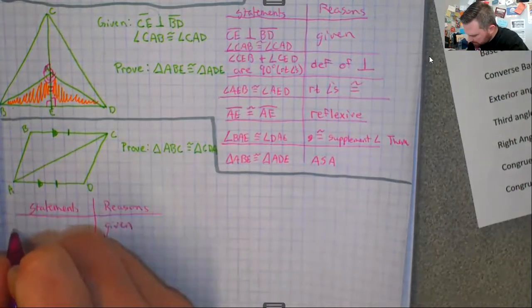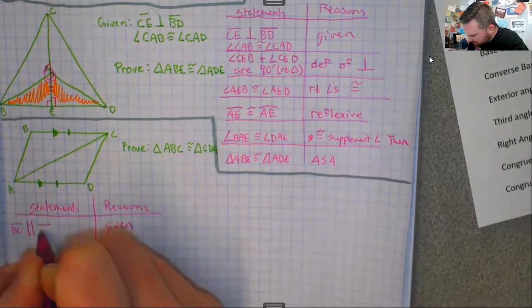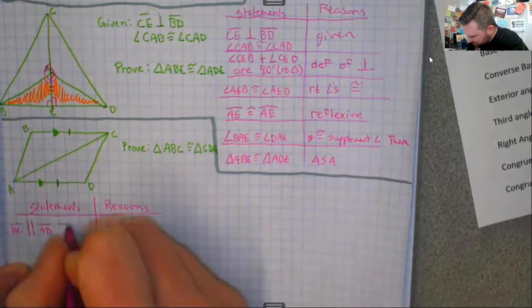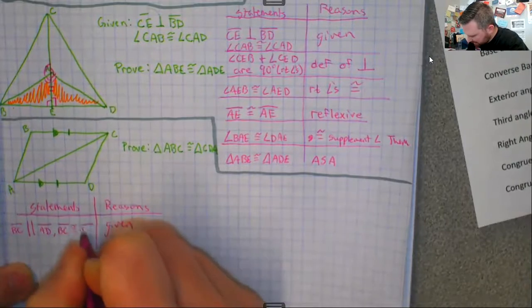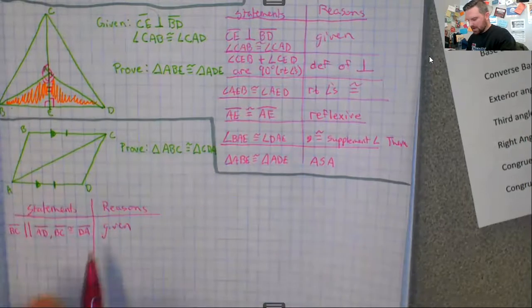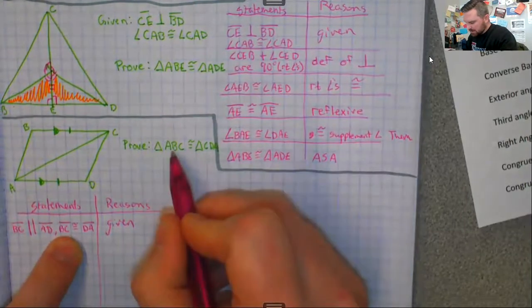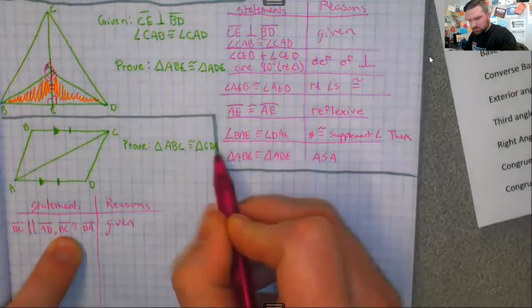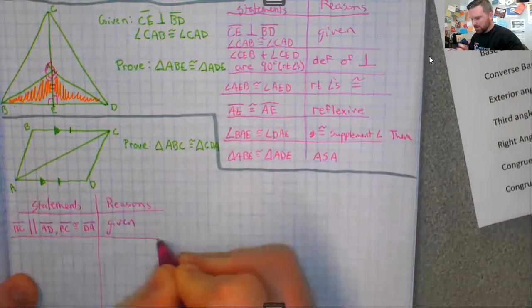So segment BC is parallel to segment AD, and segment BC is congruent to segment DA. Now, here's the thing. I switched it on this part because BC here corresponds with DA up here, kind of how it's written up there. And all of that is given from my picture.